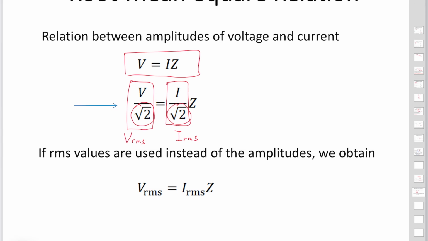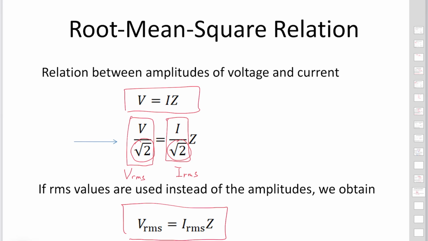If root mean square values are used instead of the amplitude, we obtain a very similar equation: V sub RMS equals I sub RMS times Z, the impedance. Okay, this is the end of the second session.